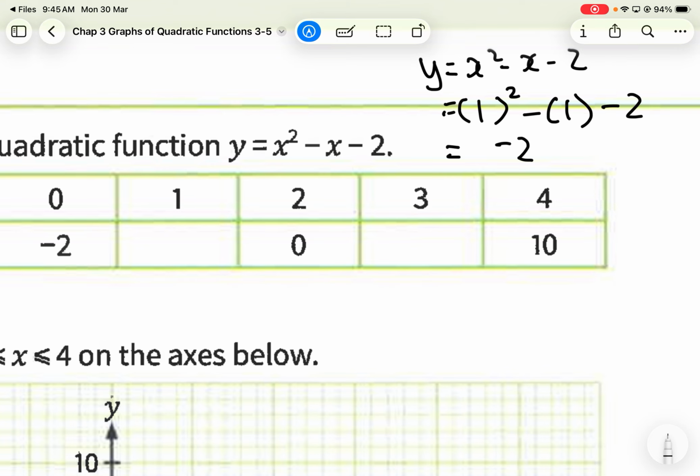Follow so far? Okay, so this first box here is negative 2. This is how we find out what these boxes are. Similarly, when x equals 3, what is my y?